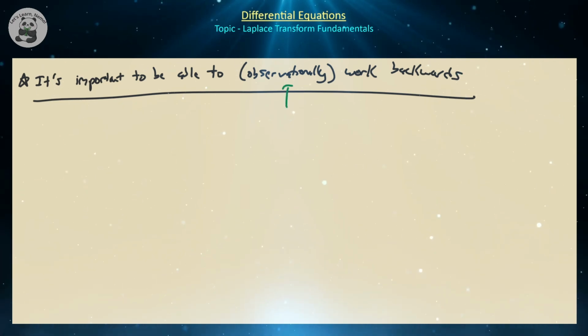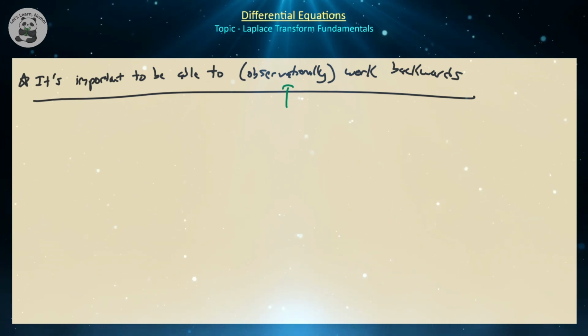And notice here I say that it's important to be able to observationally work backwards, because there's not, generally speaking, an easy, formulaic way of calculating inverse Laplace transforms. So it's sometimes just easy to observe that, oh, this is the Laplace transform of e to something, or this is the Laplace transform of the unit impulse function, or something along those lines.